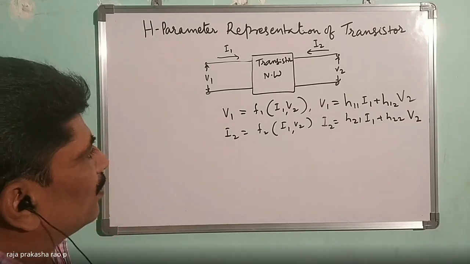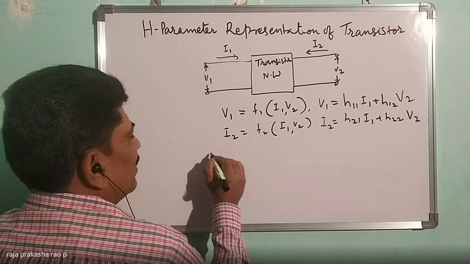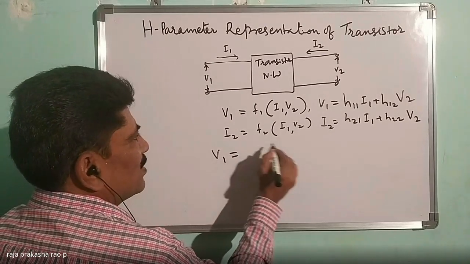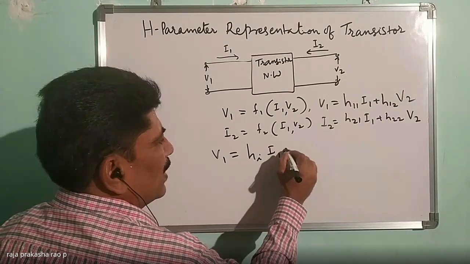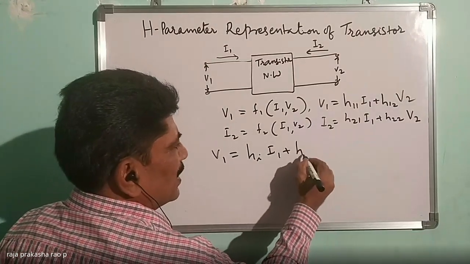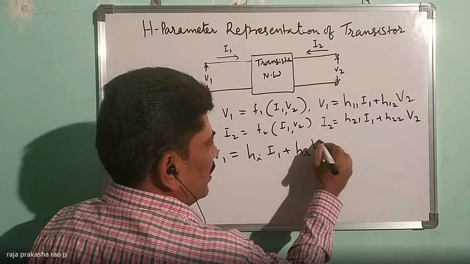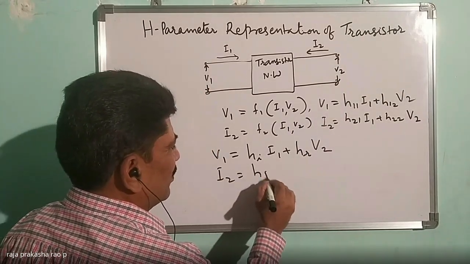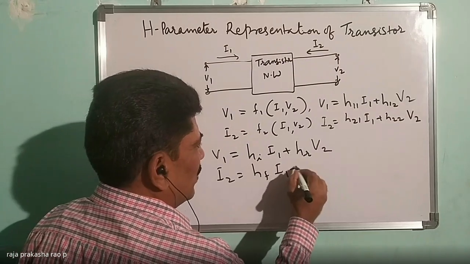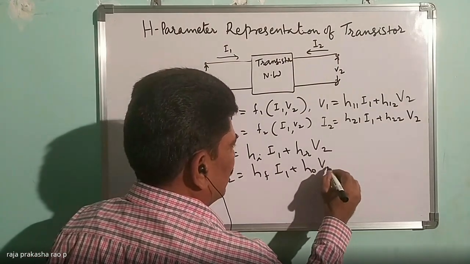V1 equal to, in place of H11, HI I1 plus HR, the reverse voltage ratio, into V2, and output current I2 is equal to HF, the forward current ratio, I1 plus HO, the output admittance, into V2.